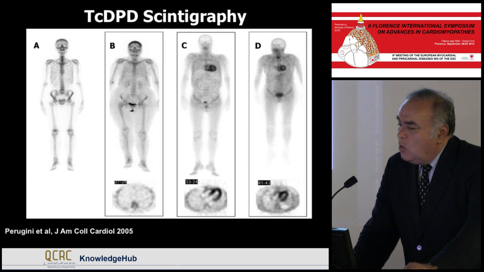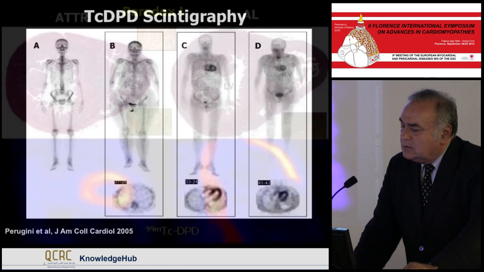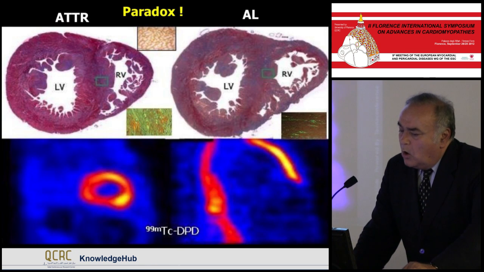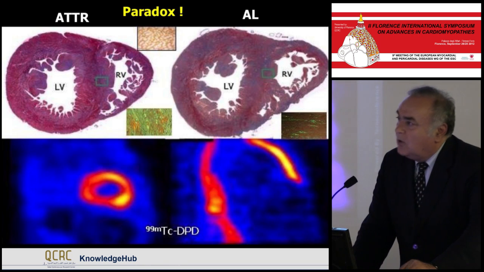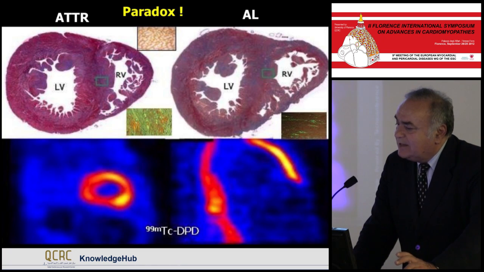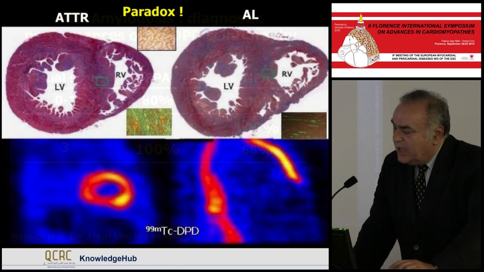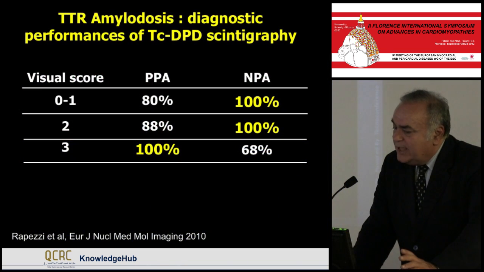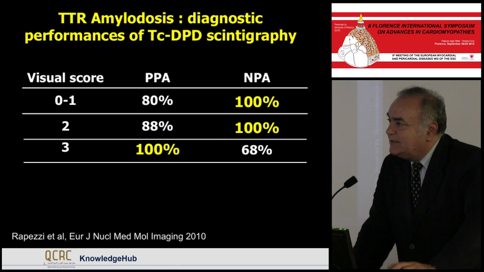In patients with TTR-related amyloidosis, all the technetium goes within the myocardium. So there is high avidity of technetium by the myocardium in case of TTR-related amyloidosis. In AL, this is not true. So you can use this test to help in the differential diagnosis between AL and TTR-related amyloidosis.